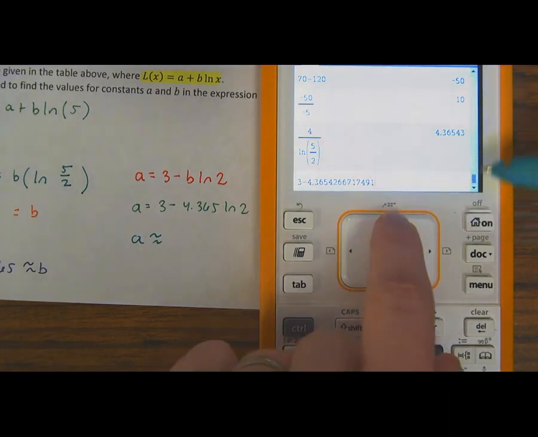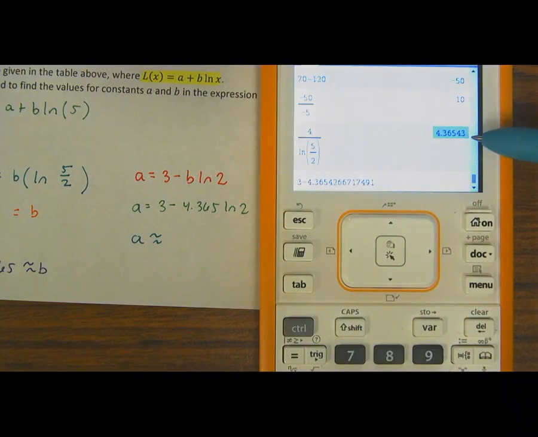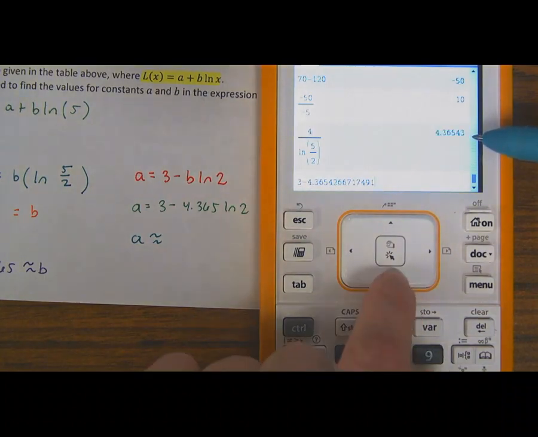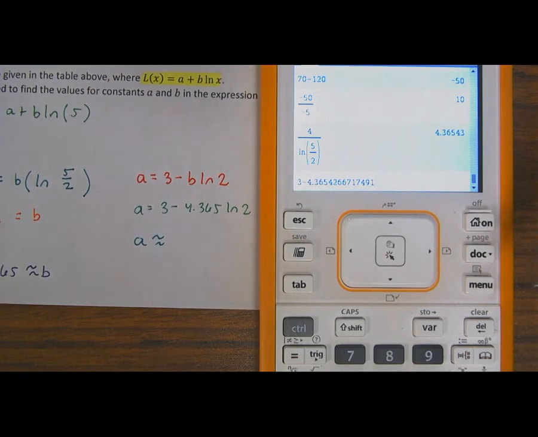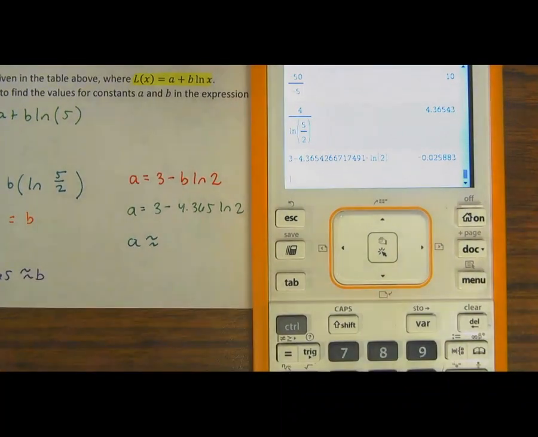Again, how I did that is I just arrowed up, so it was highlighted, and hit enter, and it pasted down a way less rounded value for B. Natural log of 2, and it's going to do all the number crunching for us. So A is going to be approximately negative 0.026.